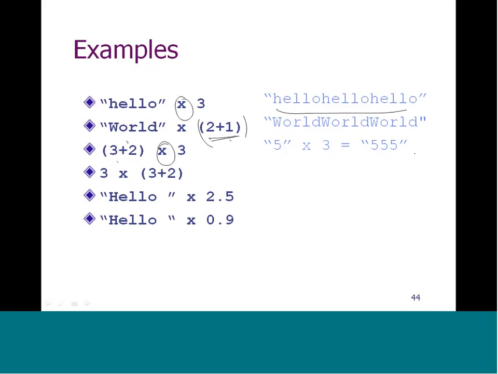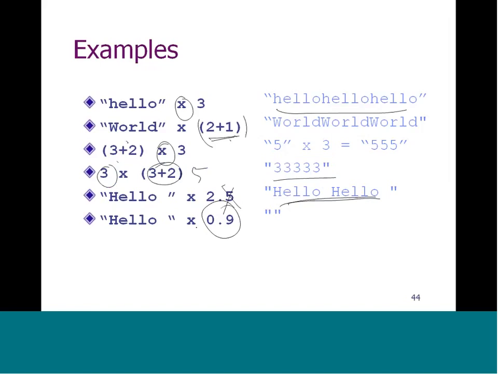But at the same time, 3 x 3 plus 2 is actually 33333, because the 3 plus 2 is evaluated first, which is 5, so it just repeats 3 five times. And hello times 2.5 is printed out only 2 times. The last one is omitted, and if you do anything less than 1, nothing is printed out.